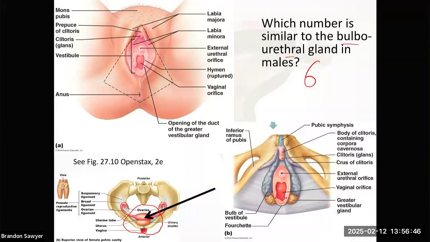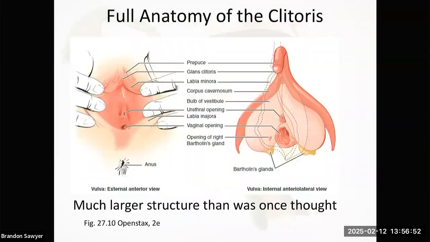Just before we go to the next slide, take note of the anatomy of the clitoris here versus what this slide looks like. This gets at the idea that the full anatomy of the clitoris has been unknown for a long time. This has led to some major disruptions in female anatomy, not on purpose.